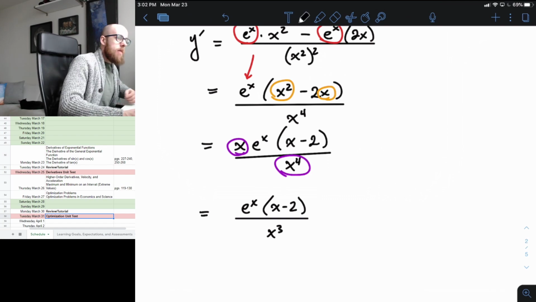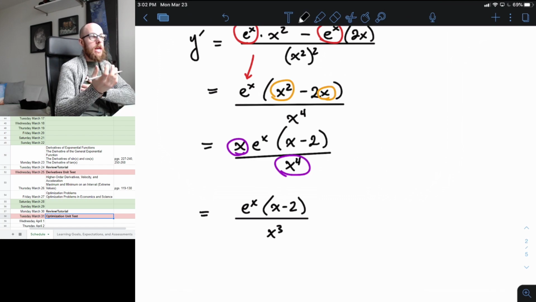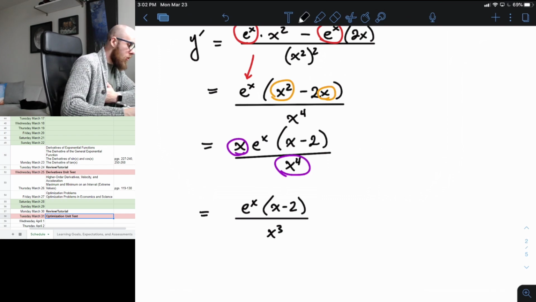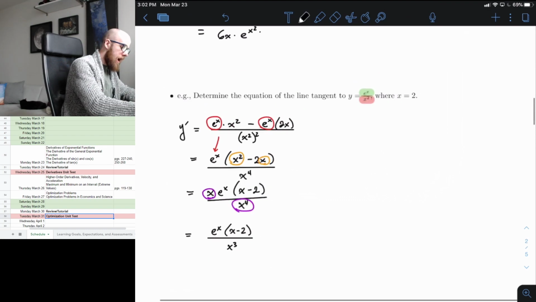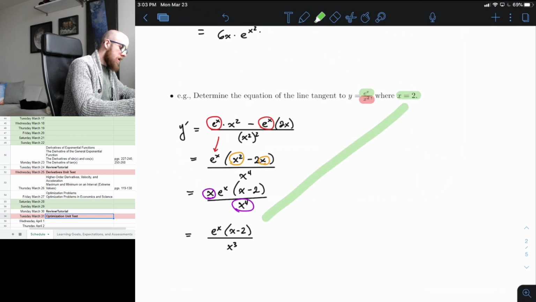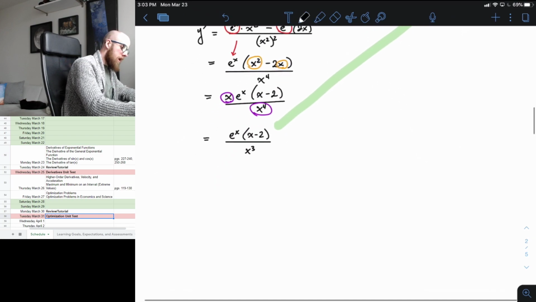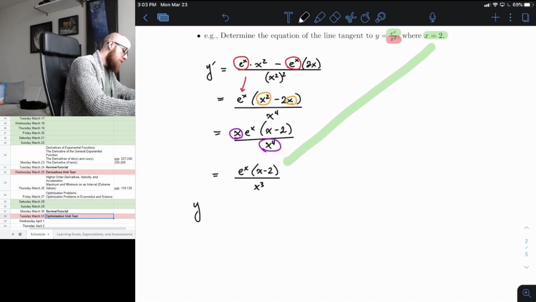Now I'm interested in the equation of the tangent line here. To find the equation of the tangent line, I actually need the slope of my function at this point. So I am now going to plug x equal to 2 into my derivative to figure out what my slope will be. So y prime when x is equal to 2 is equal to e squared times 2 minus 2, oh, interesting, over 2 cubed.